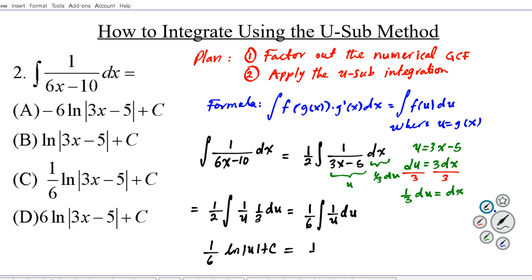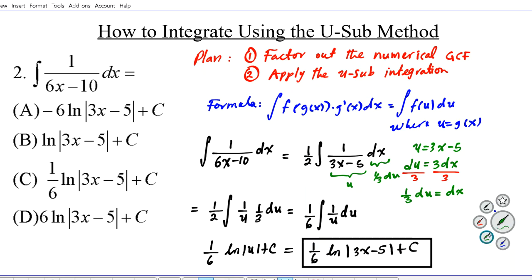So our final answer will be 1 over 6 times the natural logarithm of the absolute value of u, which is 3x minus 5, plus c. That is the answer to question number 2, and that is option letter C.